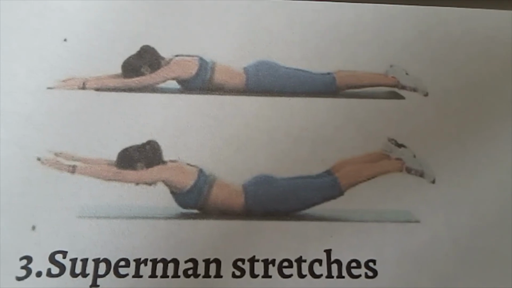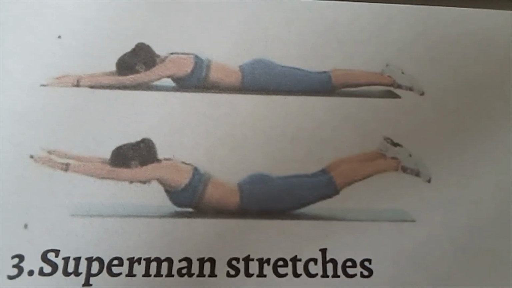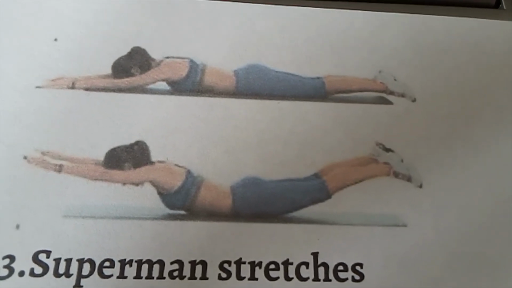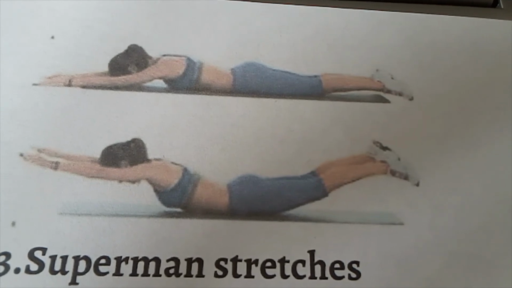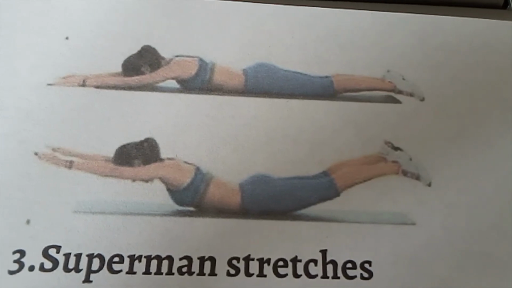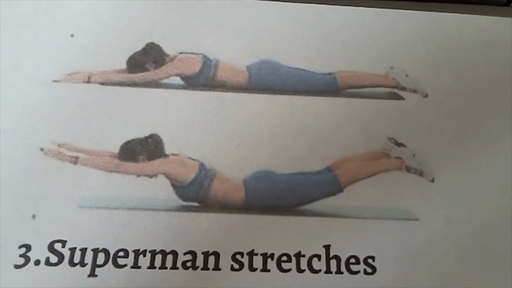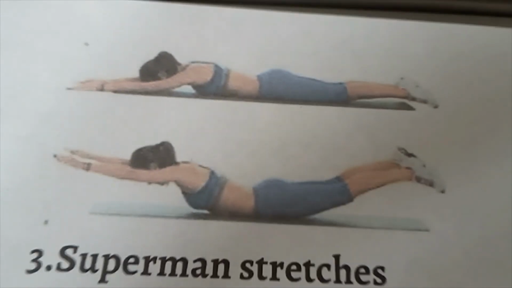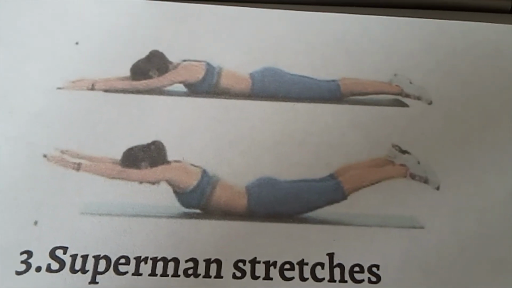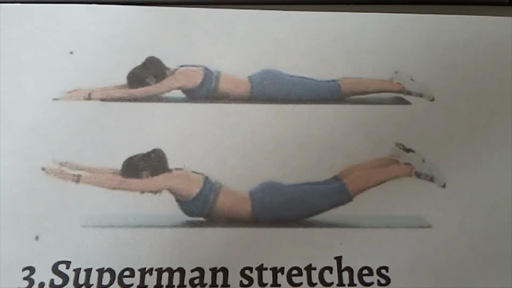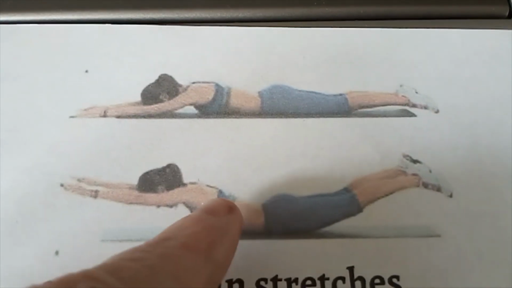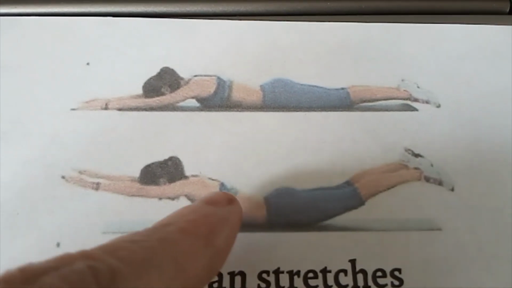Then you're going to lift your chest off the floor and try to hold that position, also lifting your feet off the floor. Try to hold that position for 30 seconds and then lower, and repeat for 3 sets with a 10 seconds break in between each set. Now, if you have a bad back, it's probably best to skip this exercise, because this will really strengthen and work those muscles around there.